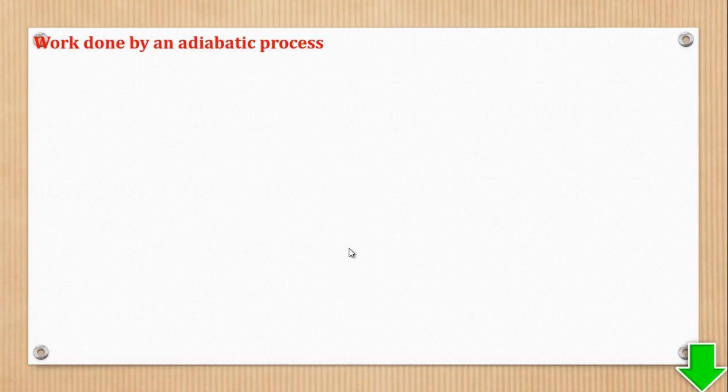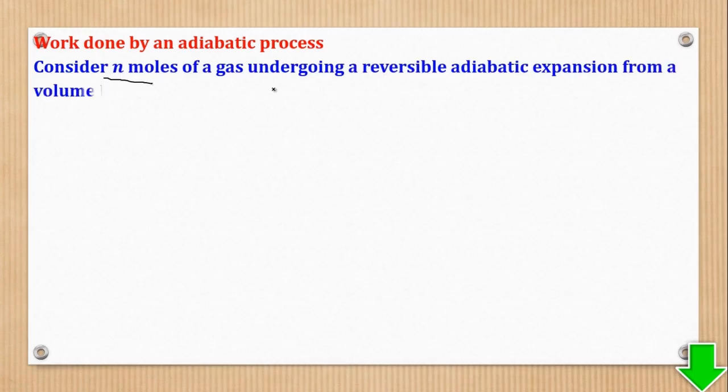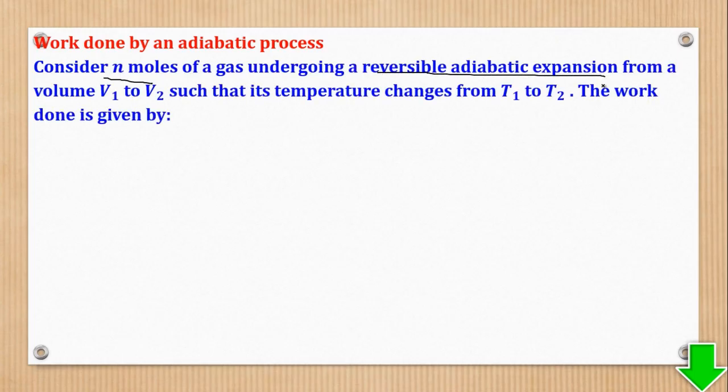Now, just like isothermal process, even in adiabatic process, we need to get the formula for work done by an adiabatic process. So we shall derive it by considering n moles of a gas undergoing a reversible adiabatic expansion from volume V1 to V2 such that its temperature changes from T1 to T2.